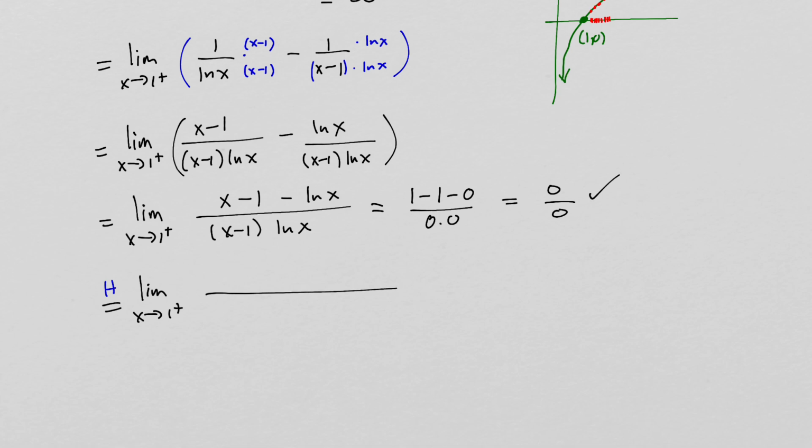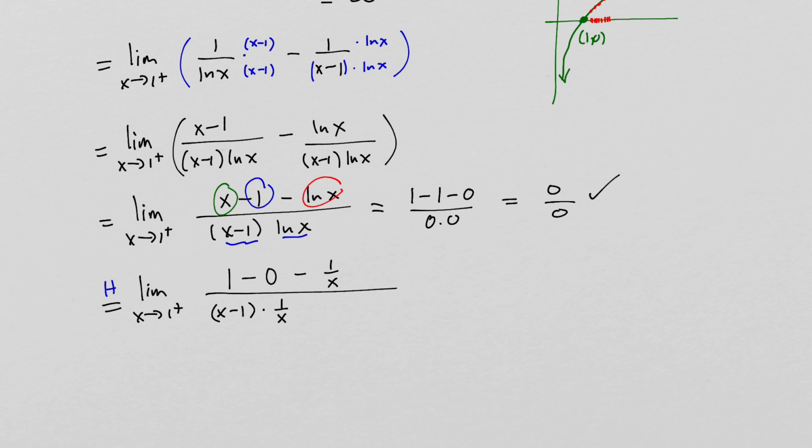So L'Hopital's rule says I'm going to take the derivative of x, which is 1, minus the derivative of 1, which is 0, minus the derivative of natural log of x, which is 1 over x. And in the denominator, we have a product of these two functions. So that derivative will be the first function, x minus 1, times the derivative of the second function.